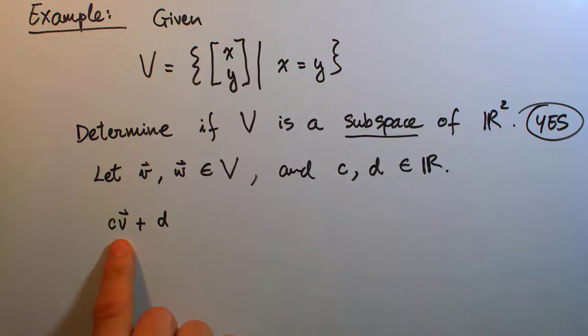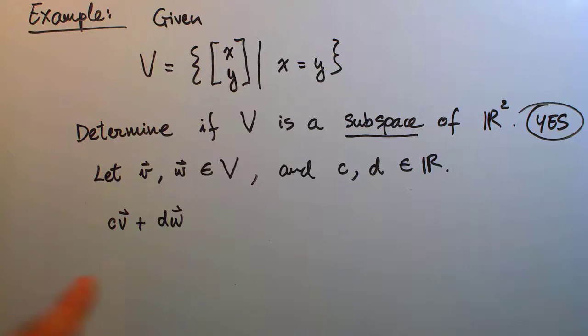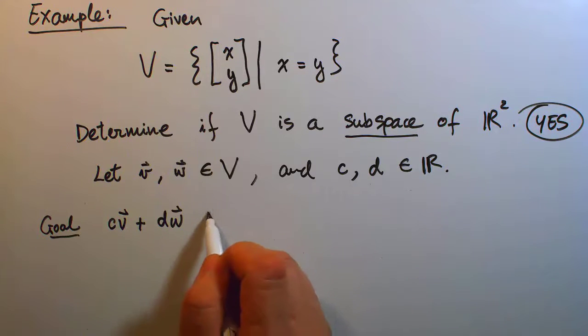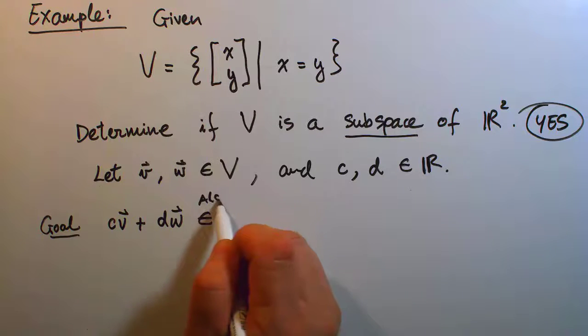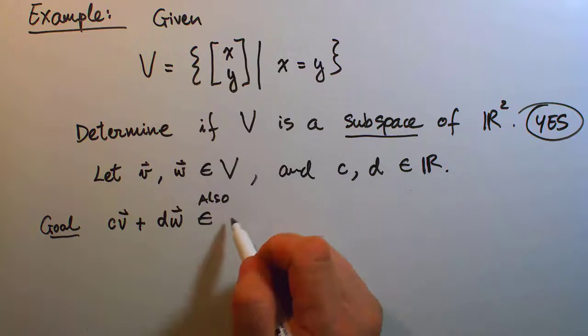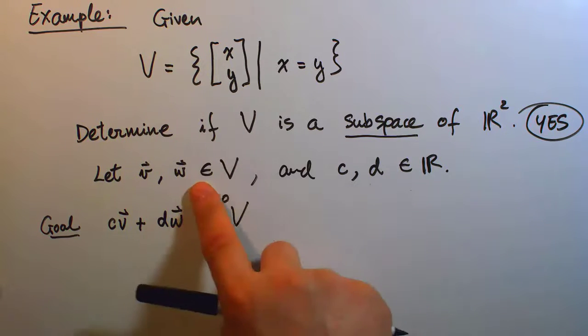CV plus DW is going to look like that. Now let's develop that further. The goal is that we need to prove that this linear combination, any arbitrary linear combination, is also a member of that set V. Once that can be done successfully, we are done with our proof.